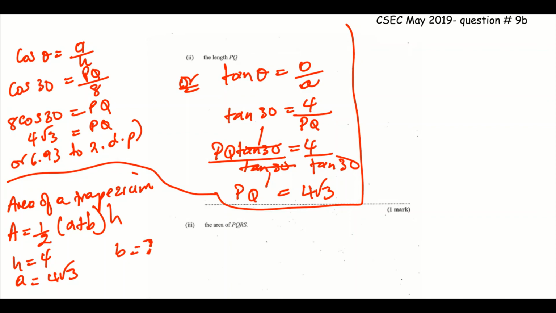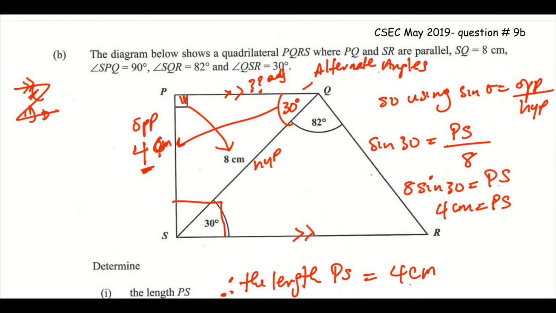No, we don't know our b as yet. So let's look back. So here would be the b, here would be the a, and the perpendicular height h, opposite sides that are parallel to each other, a and b.